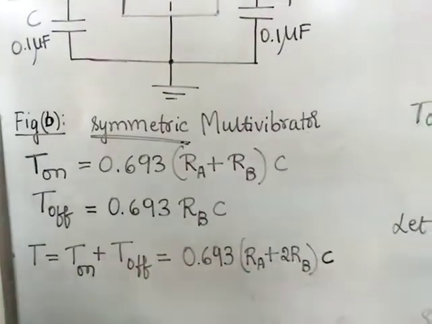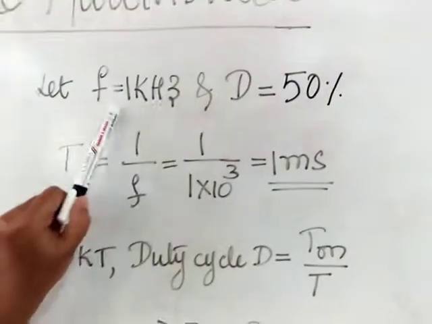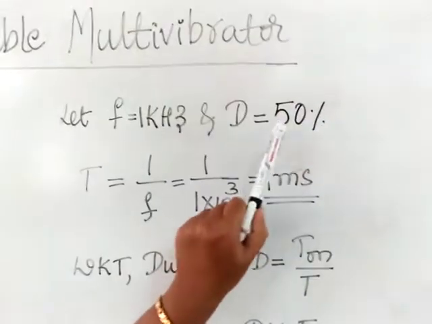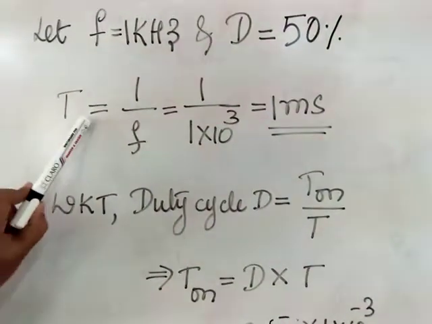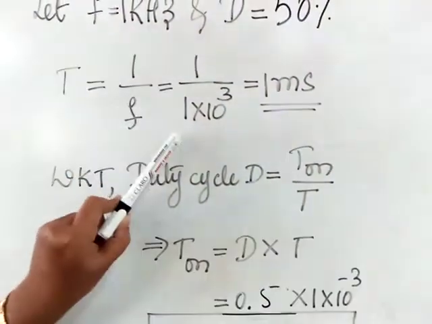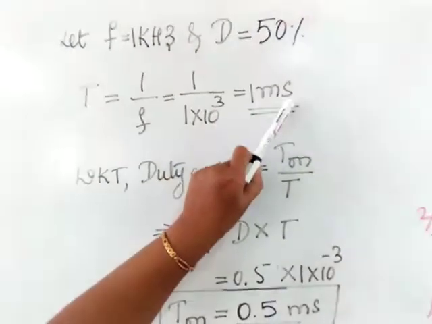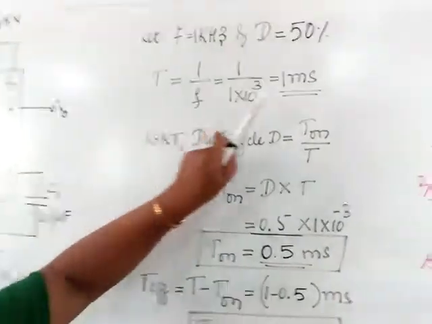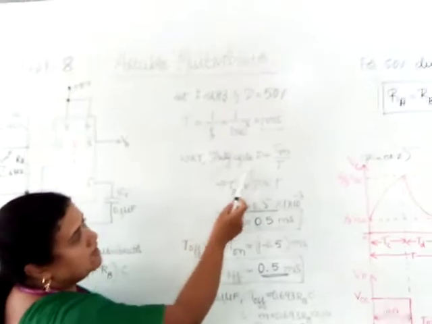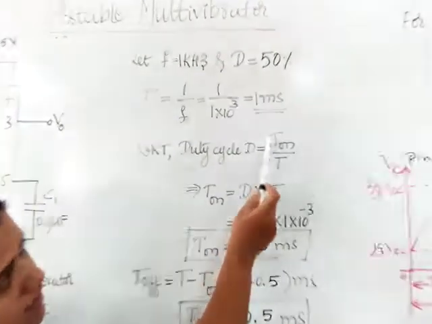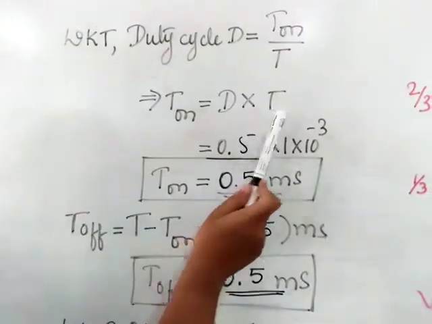Using these equations, now the frequency is 1 kilohertz and the duty cycle is 50%. So what is the time period? Total time period T equals 1 over F, that is 1 over 1 kilohertz, that is equal to 1 millisecond. Next is duty cycle. Duty cycle D is nothing but T on by T, so T on is duty cycle into time.